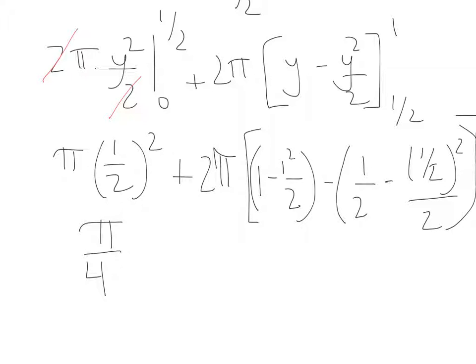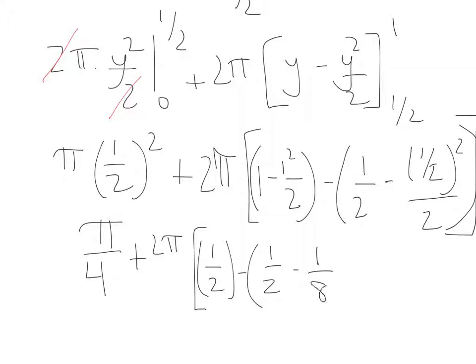Close the parentheses and close the bracket. So that's going to be 2 pi, 1 minus 1/2 is 1/2. And then we have 1/2, and 1/4 divided by 2 is 1/8.